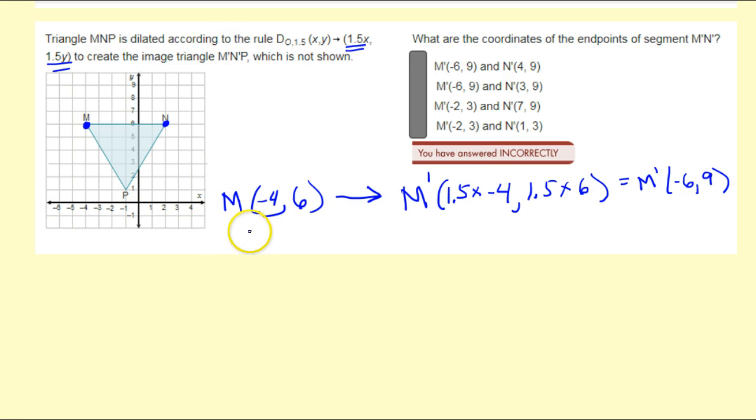Now let's do the same thing for point N. Point N is the point 2, comma 6. So to find N prime, I'm going to do 1.5 times 2, and I'm going to do 1.5 times 6.